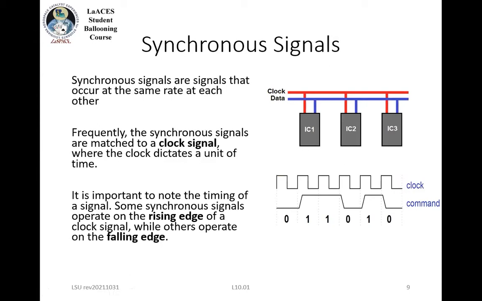So if we have signals that are accompanied by a clock, that's what we call a synchronous signal. What we care about is what the value of this data is at that trigger part of the clock.